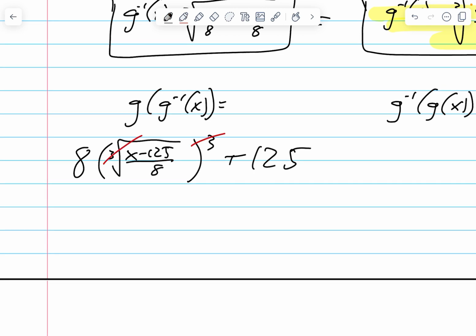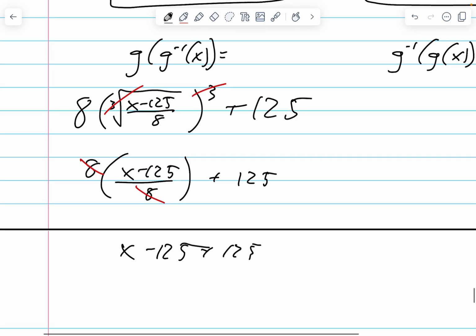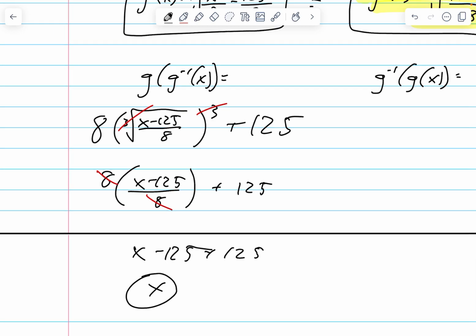Cubing a cube root makes that go away. So I have 8 times x minus 125 over 8. My 8's cancel. So now I get x minus 125 plus 125, and I get x. So I proved it one way.